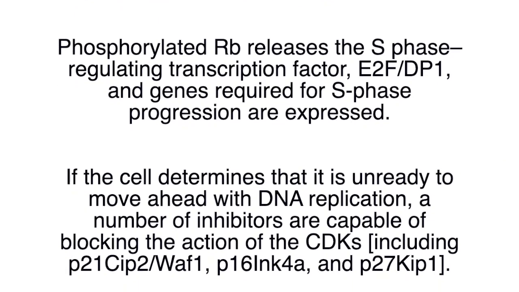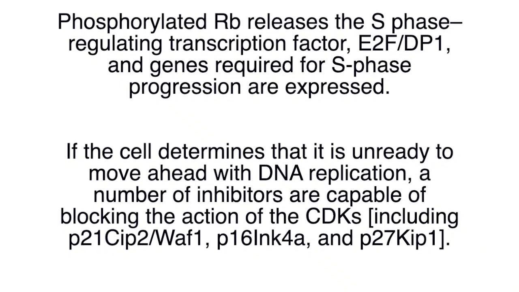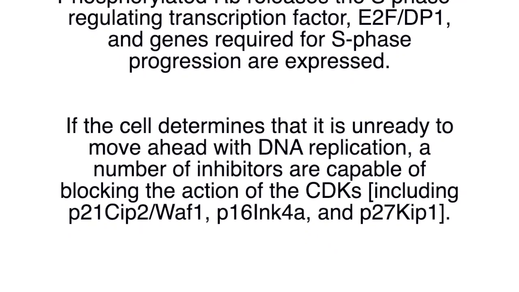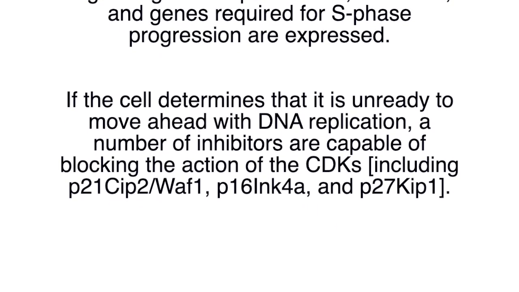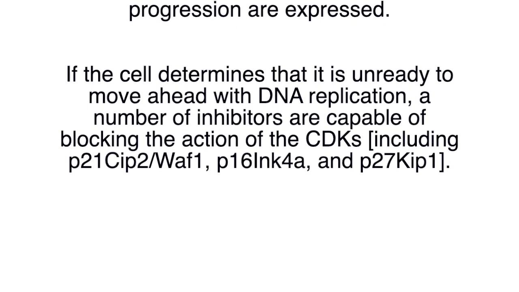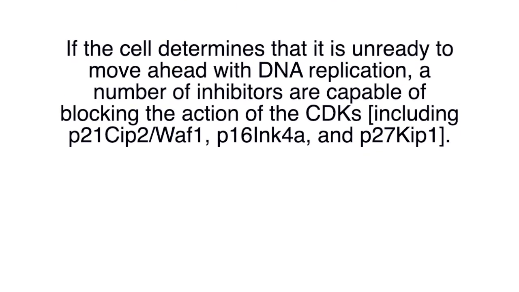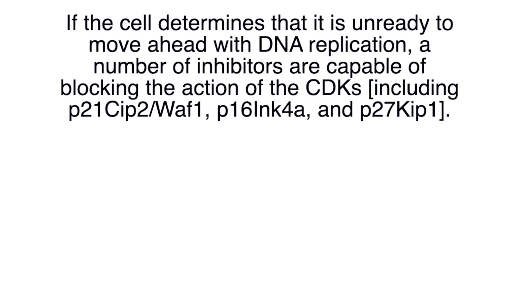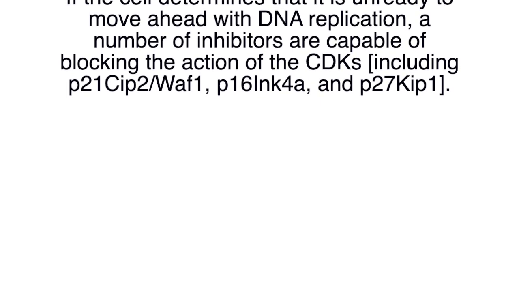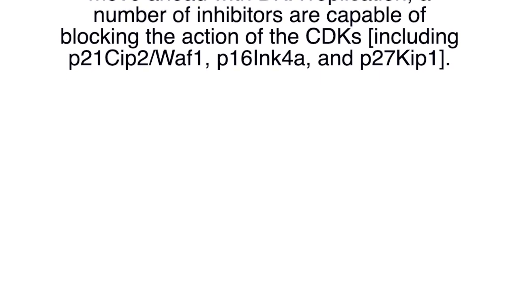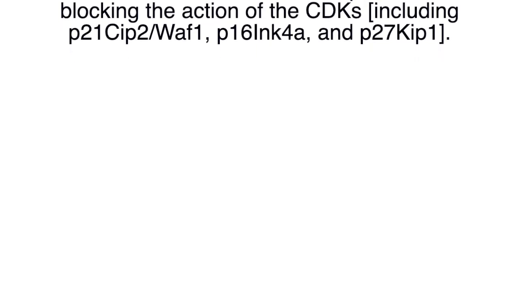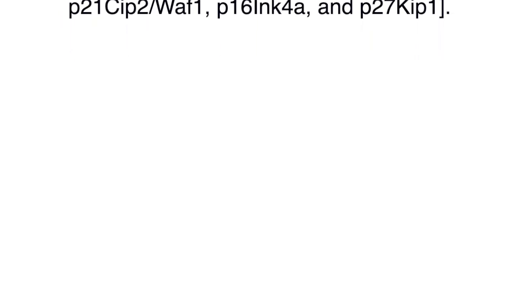If the cell determines that it is unready to move ahead with DNA replication, a number of inhibitors are capable of blocking the action of the CDKs, including P21 (CIP1, WAF1), P16 (INK4A), and P27 (KIP1).